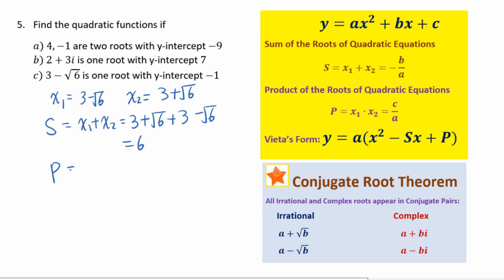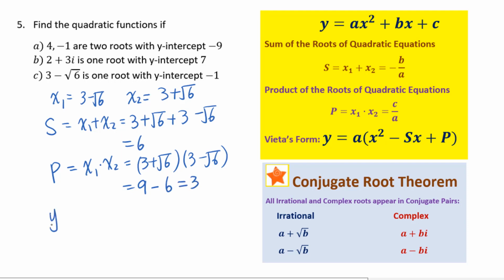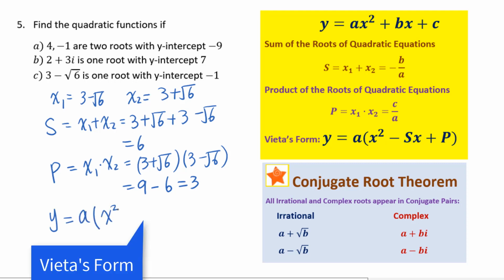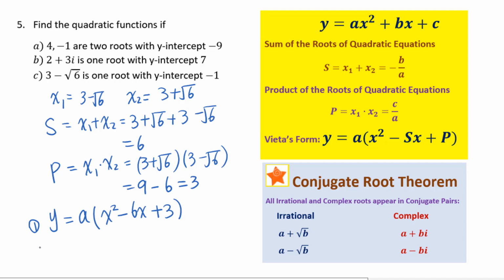For p equals x1 times x2, which equals (3 plus square root of 6) times (3 minus square root of 6), that equals 9 minus square root of 6 squared, which is 6, so equals 3. So we have y equals a times (x squared minus 6x plus 3). This is the first step.